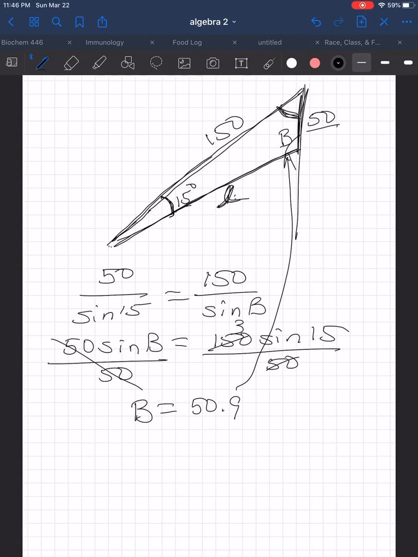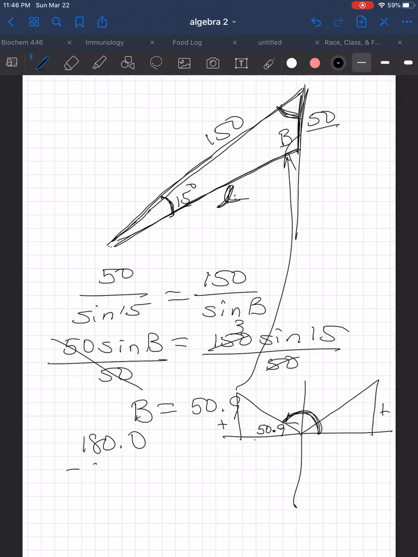Now, does that look like 50.9 to you? No, it's not. Remember, from the law of sines, this angle has a positive sign, and so does this obtuse angle have a positive sign. So this is 50.9 in here, but we need this obtuse angle.